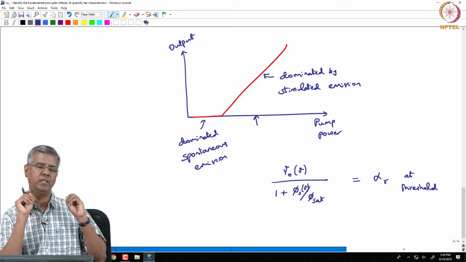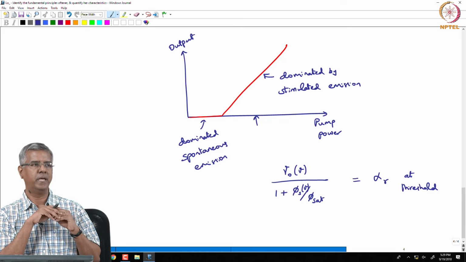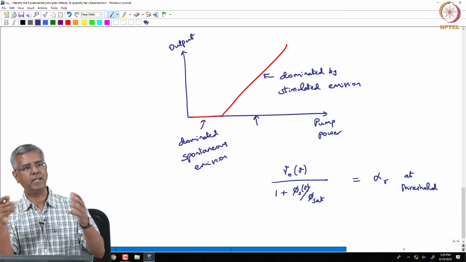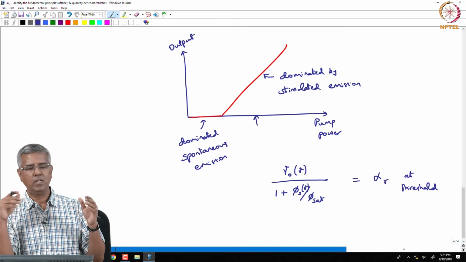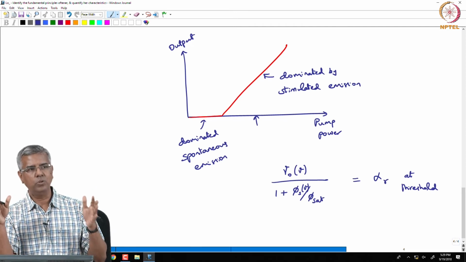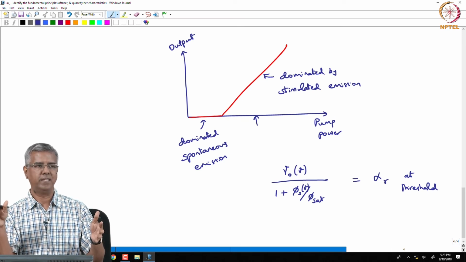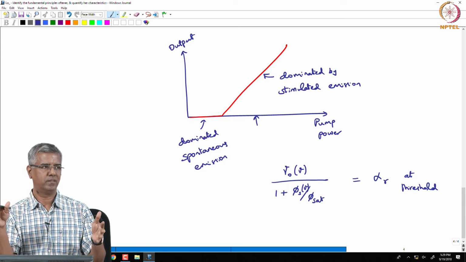So, I am actually having a lot of pump photons go into the medium, right, and it is creating some signal photons. There are certain signal photons that are required to meet the losses in the cavity, right.